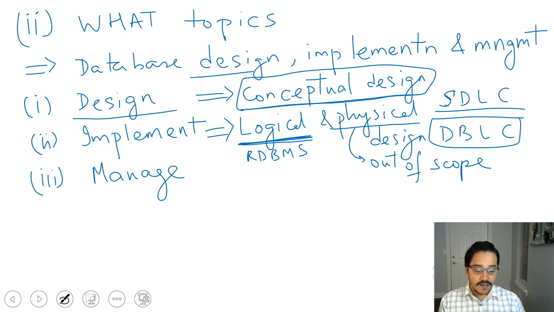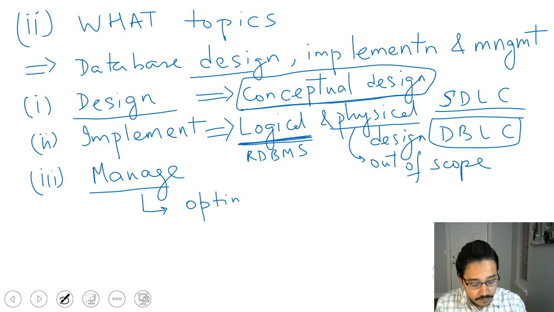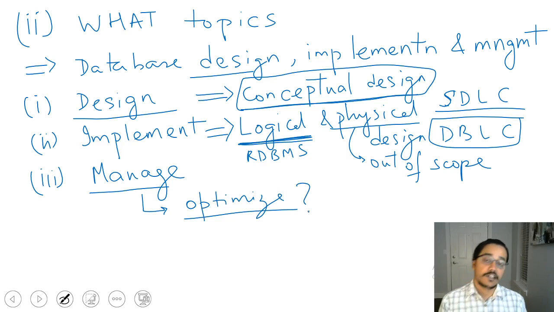Okay. And then finally, with respect to management, we will come to the topics that we are going to cover in order to make sure that our database runs as smoothly as possible. For that, a few of the things that we have to talk about is how do we optimize it in terms of its performance, that is, how do you take care of the optimizations.